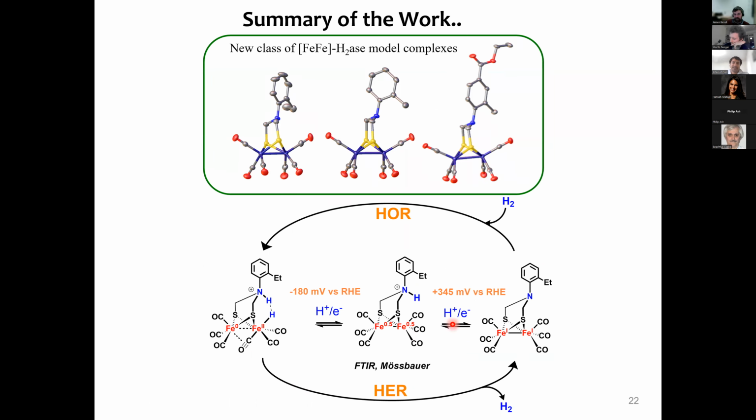And this class of model complexes can also oxidize hydrogen under heterogeneous and homogeneous conditions. So a bifunctional kind of catalyst. We have also characterized the 1 electron reduced protonated species by spectroscopic techniques.